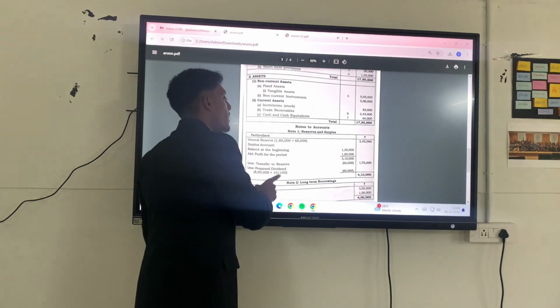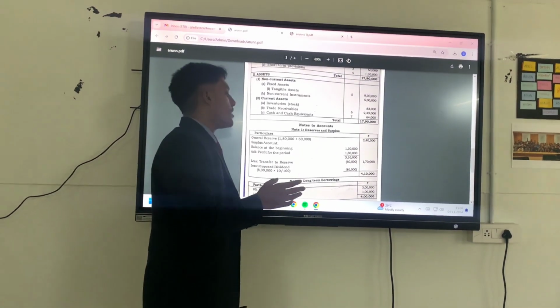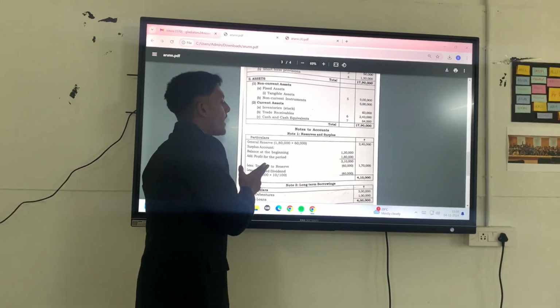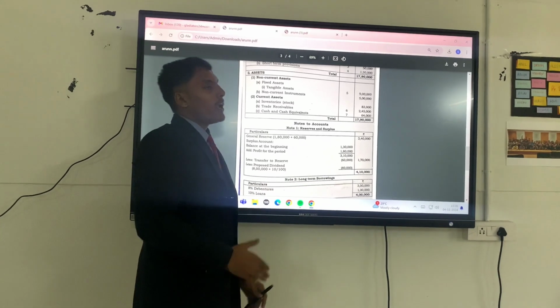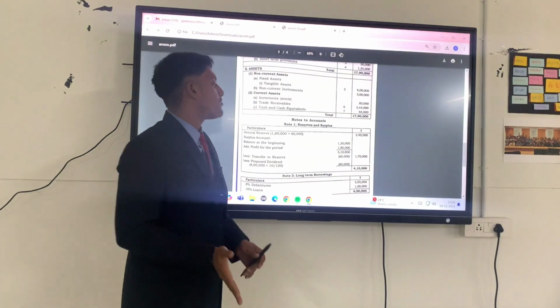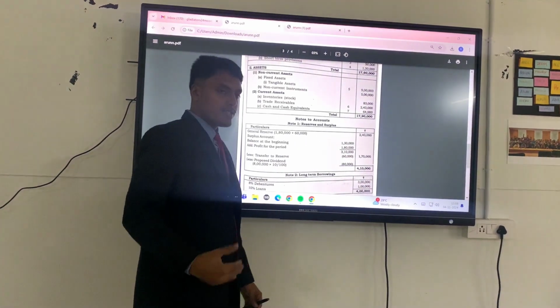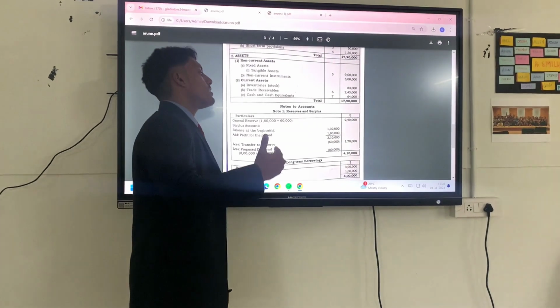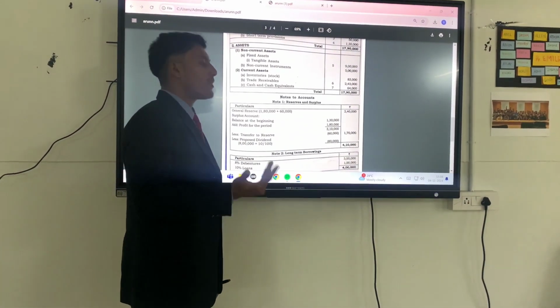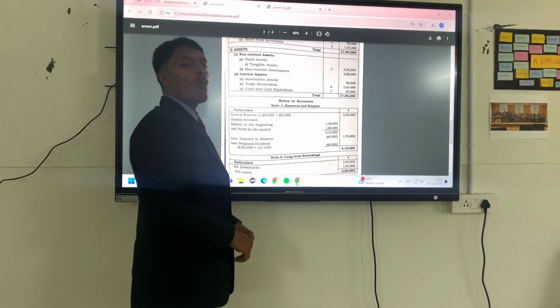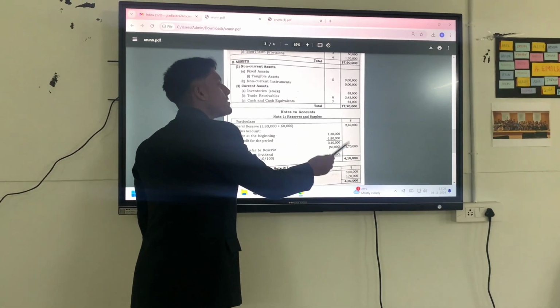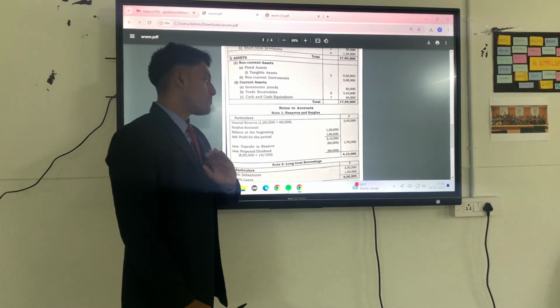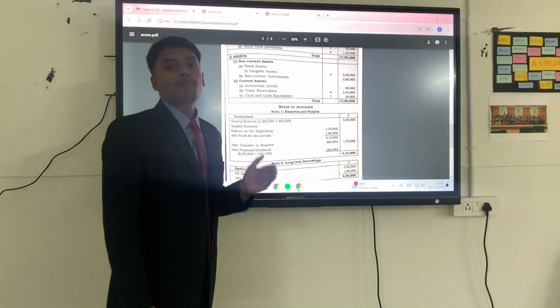That is 10%. So 10% of 8 lakh is 80,000. It also should be subtracted from 3,02,000. So when we subtract both 60,000 and 80,000 from 3,02,000, we will get 1,70,000. Okay, that's what will be the surplus account.